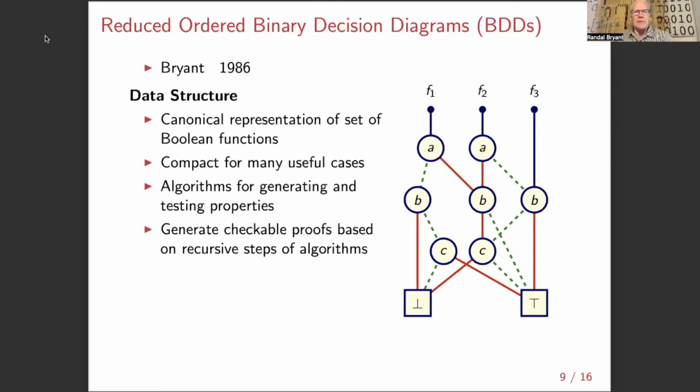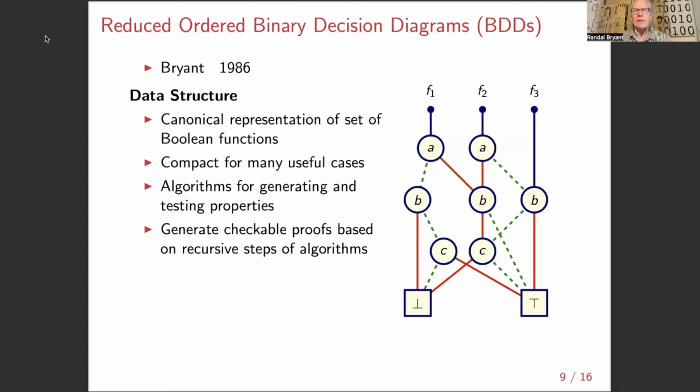So starting several years ago, I pulled out some work that I did many, many years ago on a representation of Boolean functions known as binary decision diagrams. And it has some very nice properties, especially with regard to SAT solving. In particular, it has some very nice algorithms for creating and modifying and testing properties.